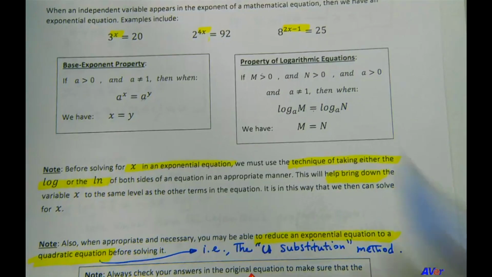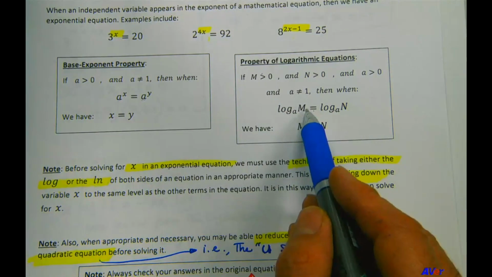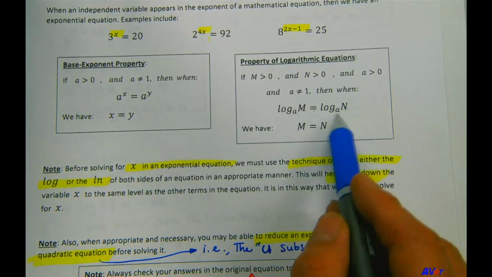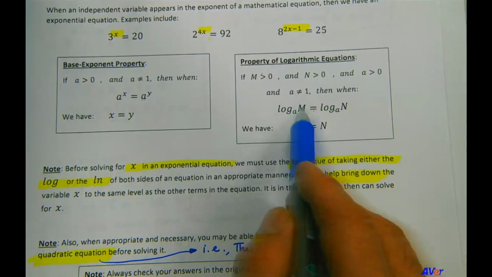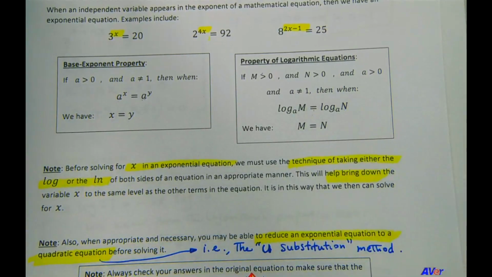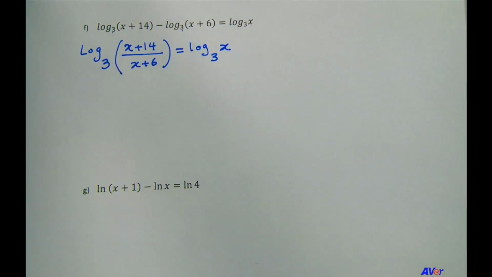There is no other way the left and right can be equal, right? If the log of m and the log of n to the same base are to be equal to each other, then m and n must be equal to each other. Okay, let's make use of that.